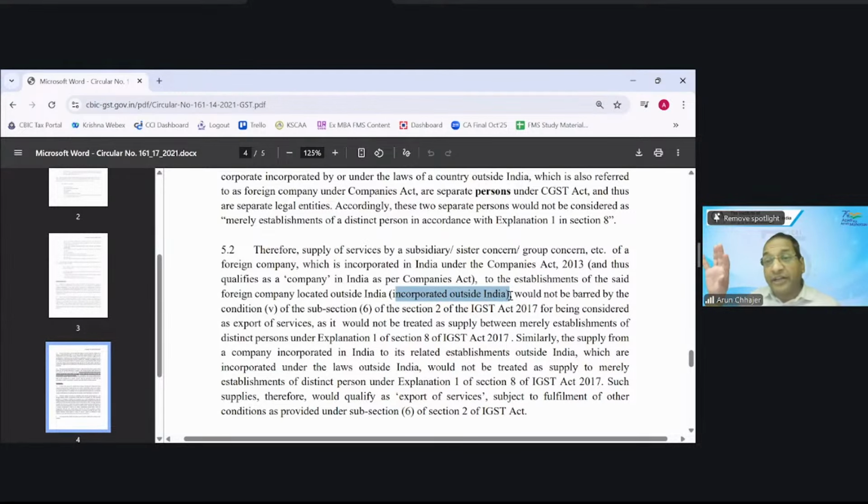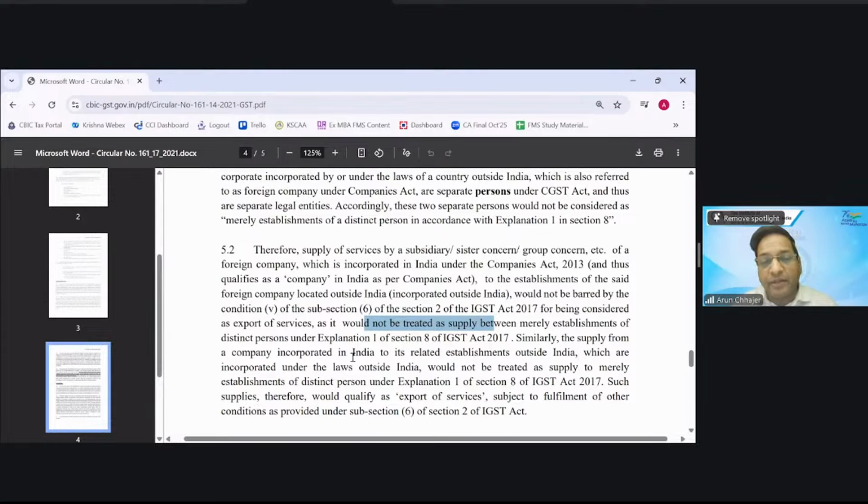Because they are incorporated outside India, so they will fall under the definition of the foreign company in the Companies Act. ठीक है, and would not be barred by the fifth condition, would not be hit by fifth condition, for being considered as export of service, as it would not be treated as the supply between merely establishment of distinct person.